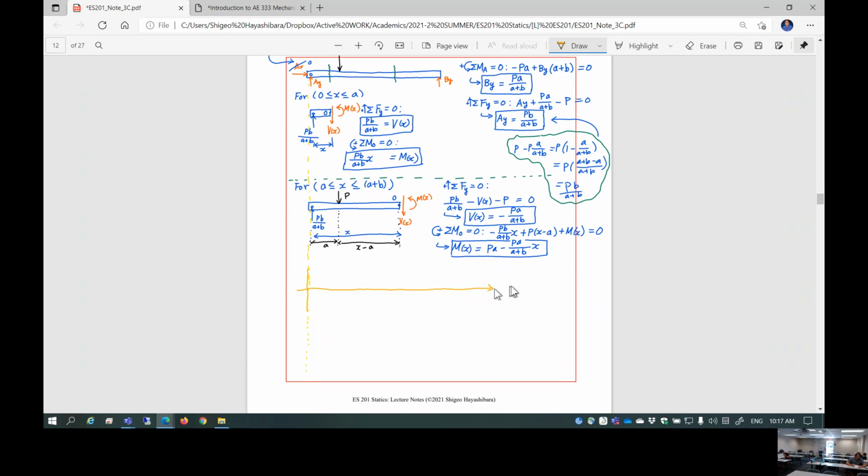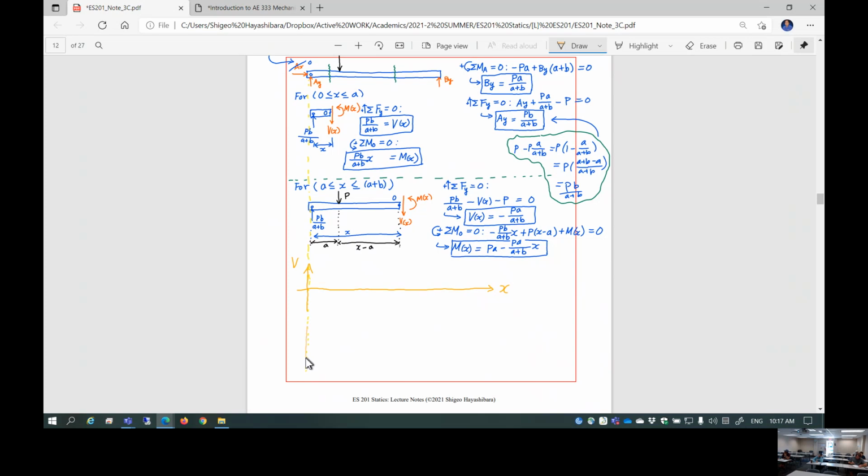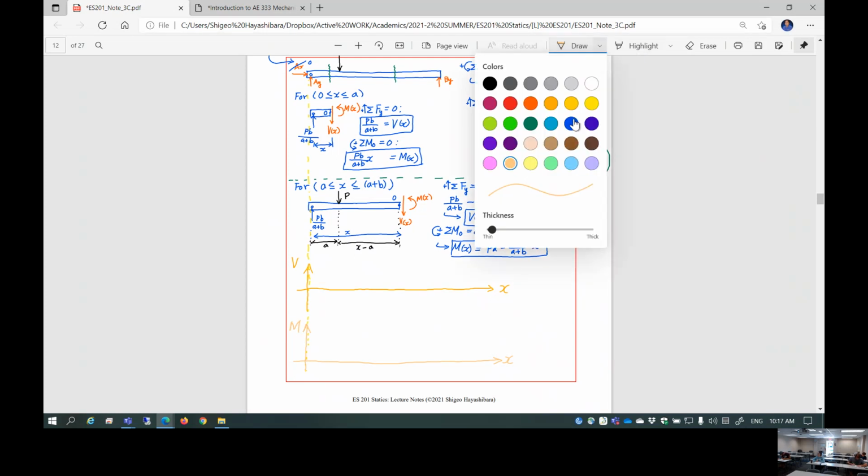So I'm going to set up the shear diagram. This is the X direction. This is the shear V. And I'm also going to set up the coordinates again for moment, running out of colors. This is X. This is the moment.